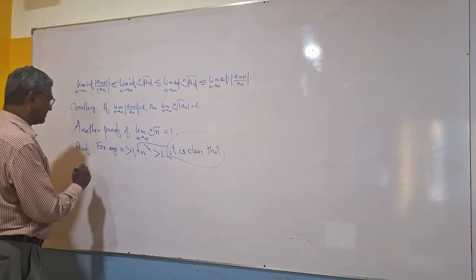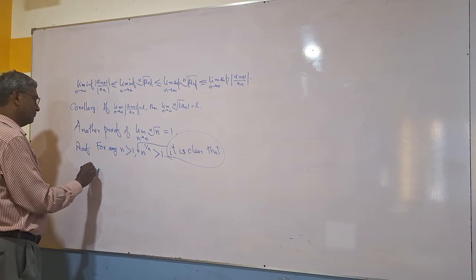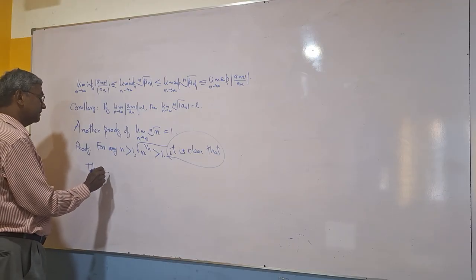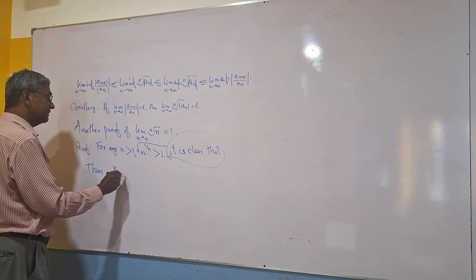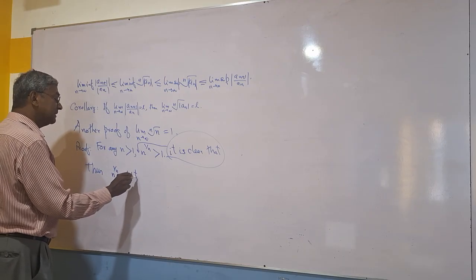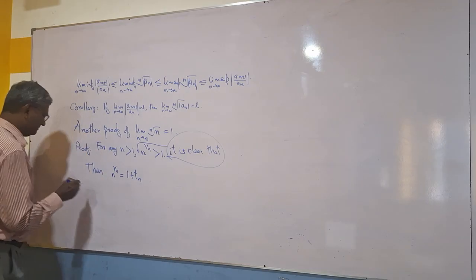Anyway, thus, the important thing is n to the 1 over n is equal to 1 plus t_n.